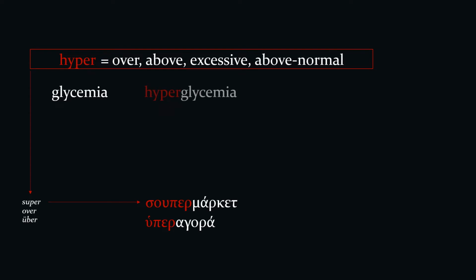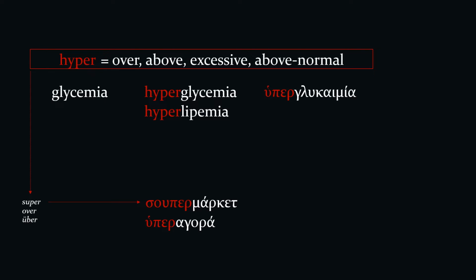Okay, so if we have a word like glycemia, you may have heard the word glycemic before. Hyperglycemia, there's what it looks like in Greek, hyperglycemia. Even if you don't know that the glyc has something to do with sweets and with sugar, it doesn't matter because we'll learn that later.